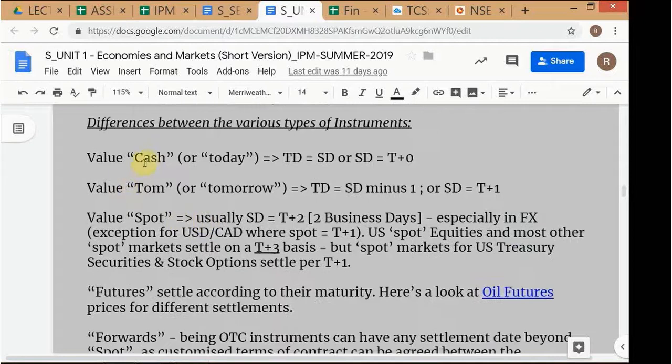We have value cash and all these different types of instruments or contracts, which are distinguished from each other by the distance between the settlement date and the transaction date. In the case of value cash or value today transactions, there is no distance. They fall on the same day. So this is one useful way to distinguish between these types of instruments.